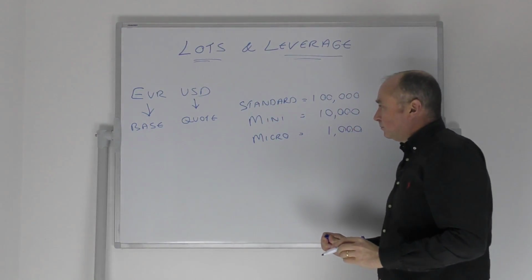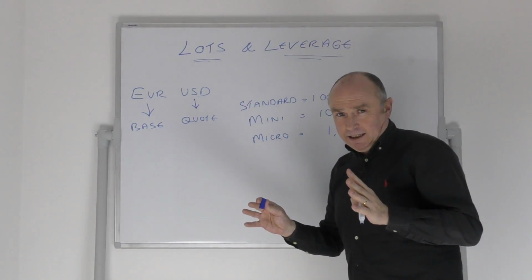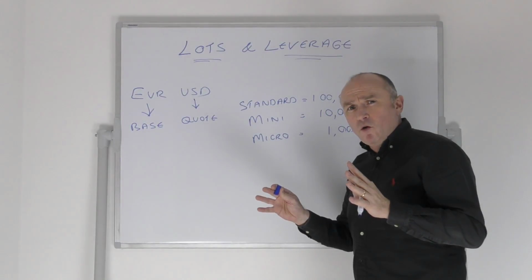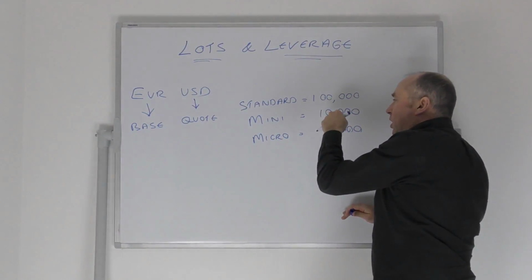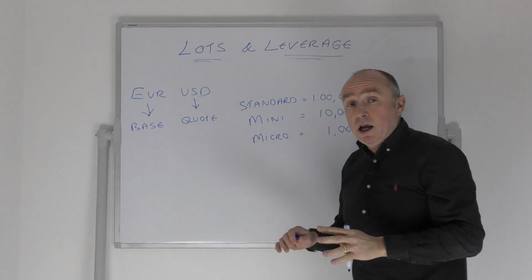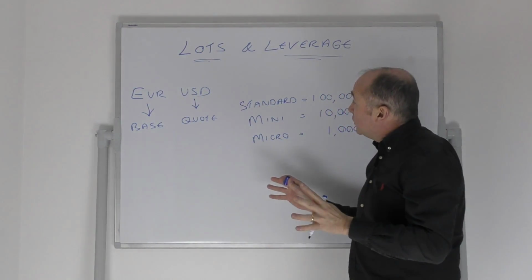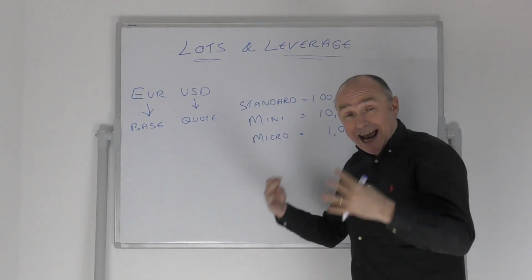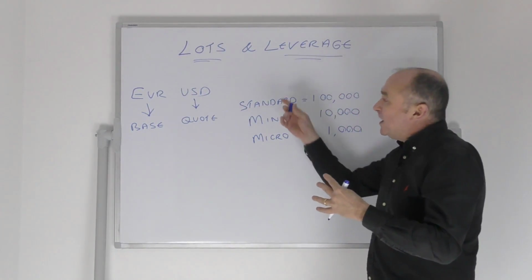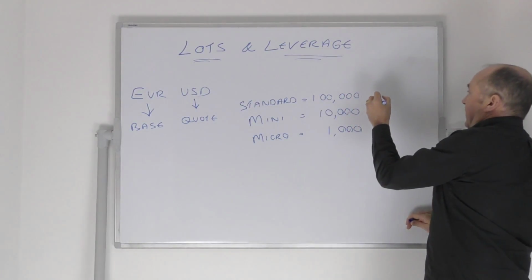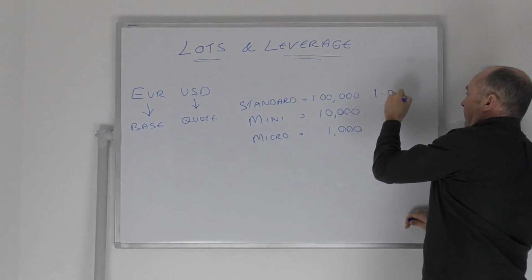Now, when we're referencing the size in the Forex market, we're not referencing in terms of the number of units. Is it 10,000 units or 1,000 units or 100,000 units? We reference a quote in terms of a standard lot, or the size in terms of a standard lot. So if we're trading one standard lot, we would be trading 1.00.